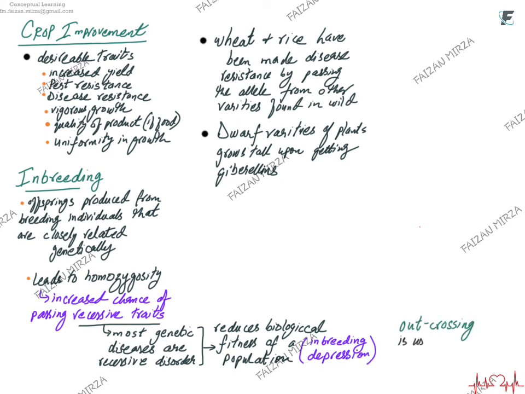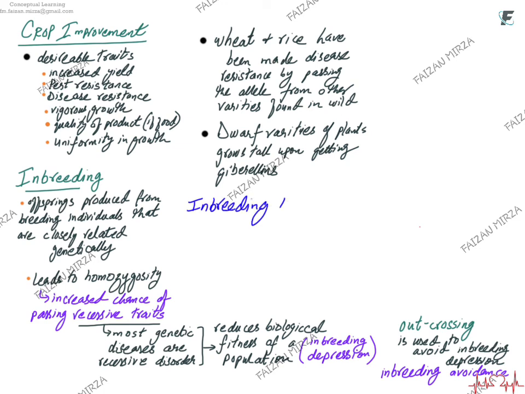Now to combat this inbreeding depression, what's done is that every 2-3 generations, outcrossing is carried out. What is outcrossing? Outcrossing is done to avoid inbreeding depression. This is also called inbreeding avoidance. How is this carried out?